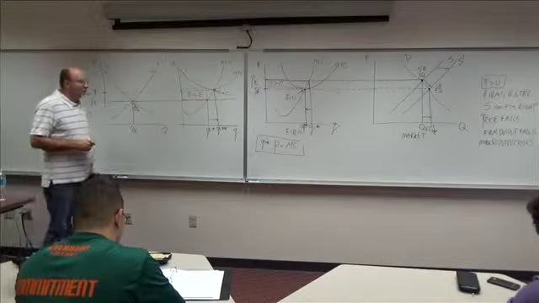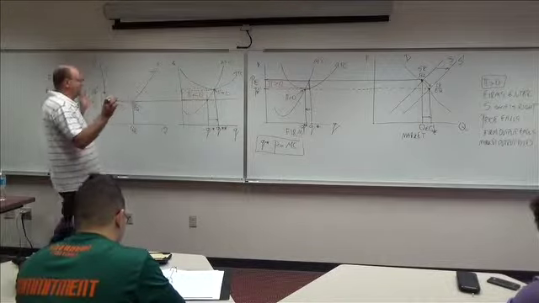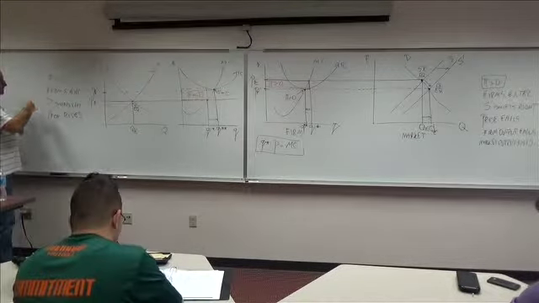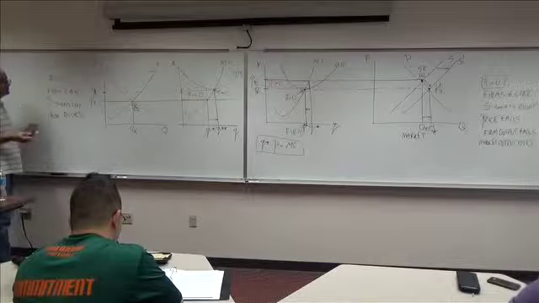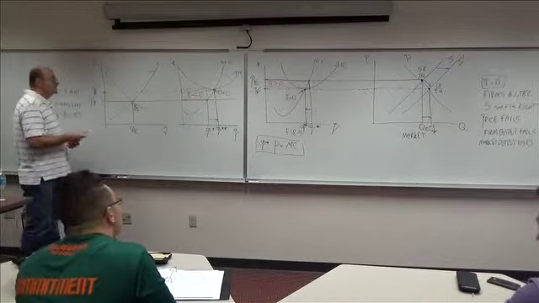Okay, so once the firm makes zero economic profit, the flight of firms, the exit of firms, stops, and the firm is in a long-run equilibrium. How about the market?